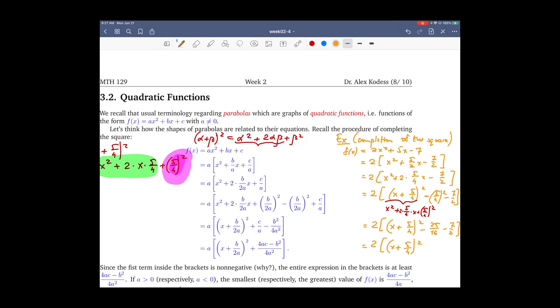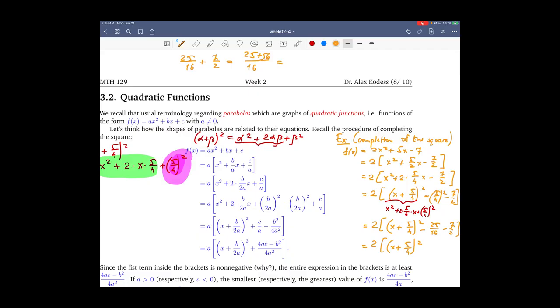And when you do the algebra, that's 25 plus whatever you get when you add 25 over 16 and 7 over 2. The common denominator is, of course, 16. 16 divided by 2 is 8. 8 times 7 is 56.